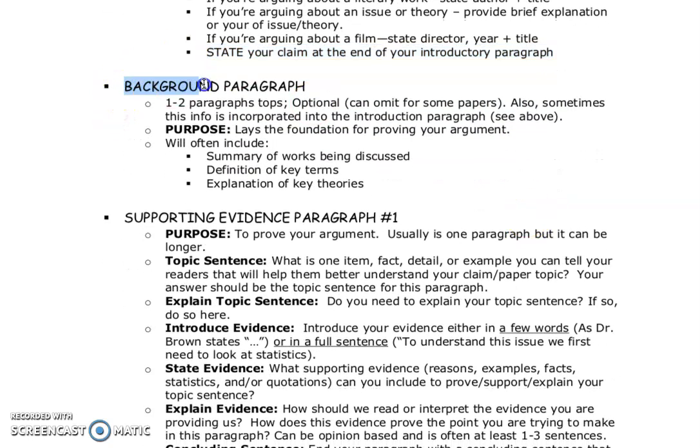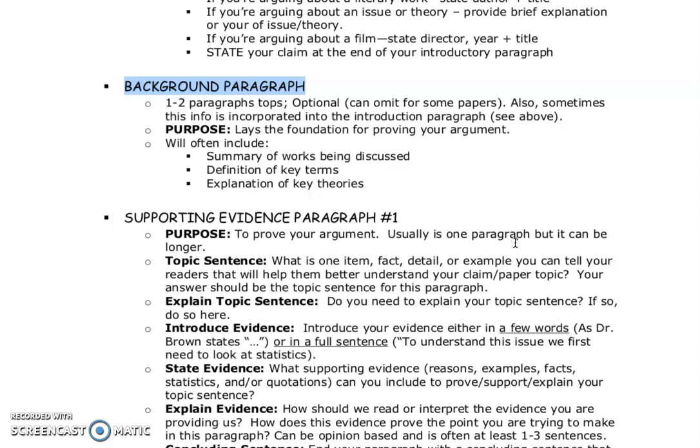This is where you're educating us, essentially, on everything that we need to know. Like I said, 1 to 2 paragraphs tops. The whole purpose is laying the foundation for proving your argument. So you've got to tell us the things that we need to know before we keep reading and get confused.